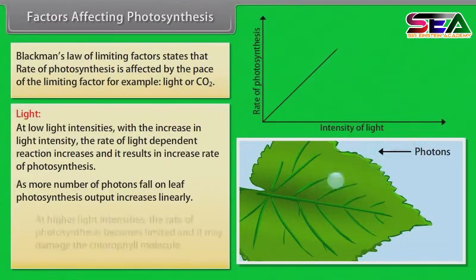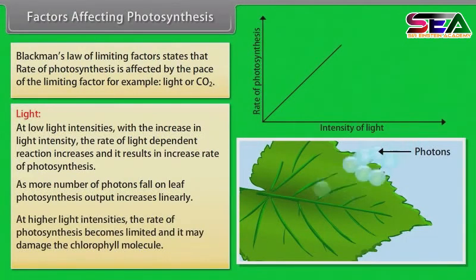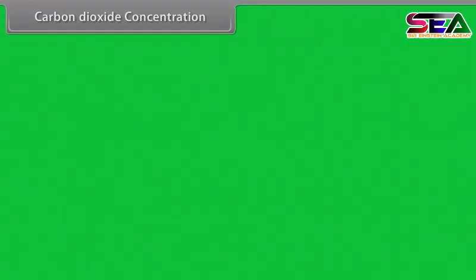At higher light intensities, the rate of photosynthesis becomes limited and it may damage the chlorophyll molecule. Carbon dioxide concentration.